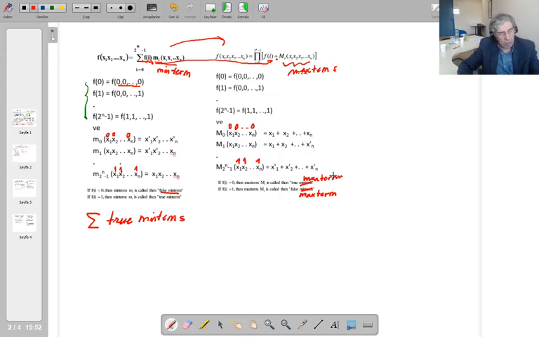So that is the formula that you required for the second expansion. So conclusion is multiplication of the true max terms. So that's the end of this video then.